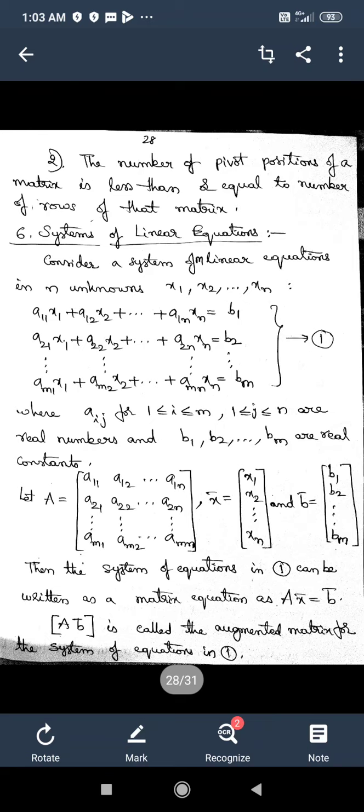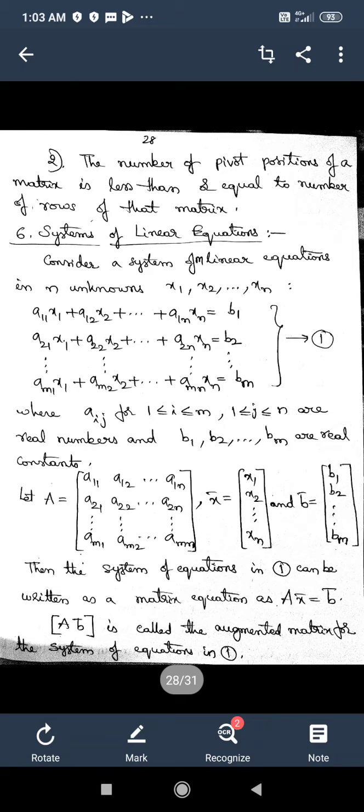You have come across these systems of linear equations from the high school level onwards. Still, let us see what a system of linear equations is, how we can change the given system into matrix form, and what the matrix equation is. Let us go through all these things now.